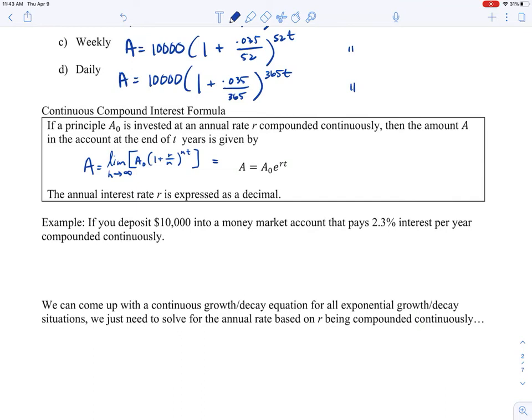So if you deposit $10,000 into a money market account that pays 2.3% interest per year compounded continuously, the equation that could represent that would be A equals 10,000 times e to the 0.023 times t power, where t is in years.